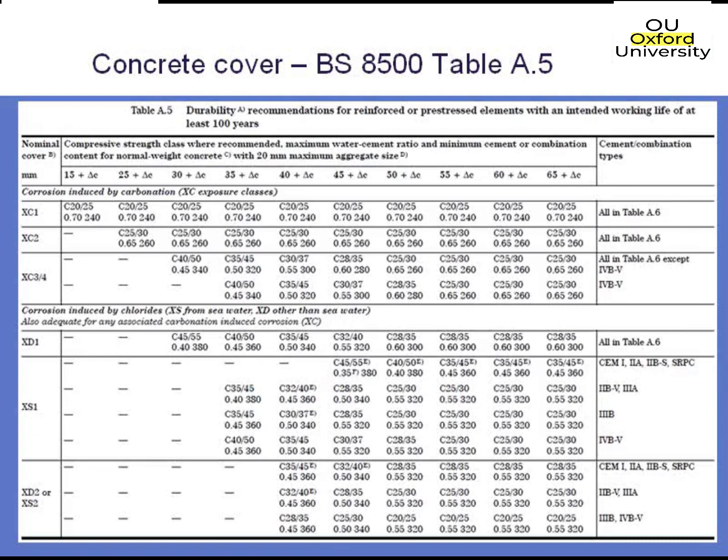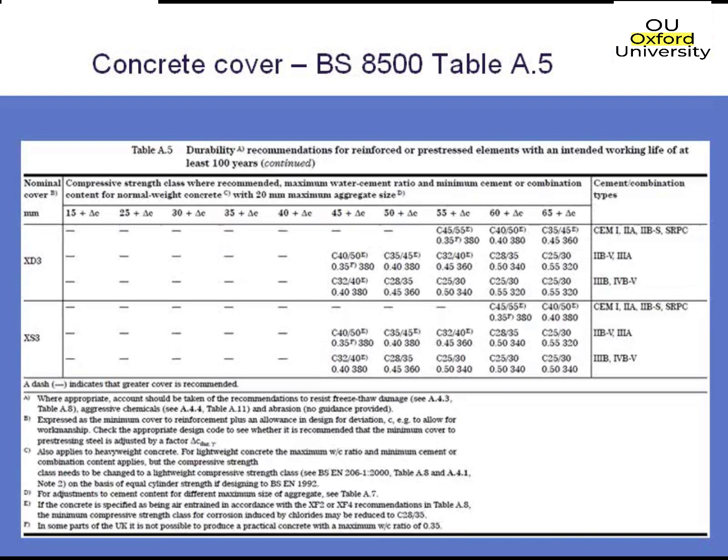It's table A5, and there you would just look up for whatever sort of exposure class that you have, and you then read off this diagram to figure out what your minimum concrete type is, and the sort of cover that you would then need to use for that.